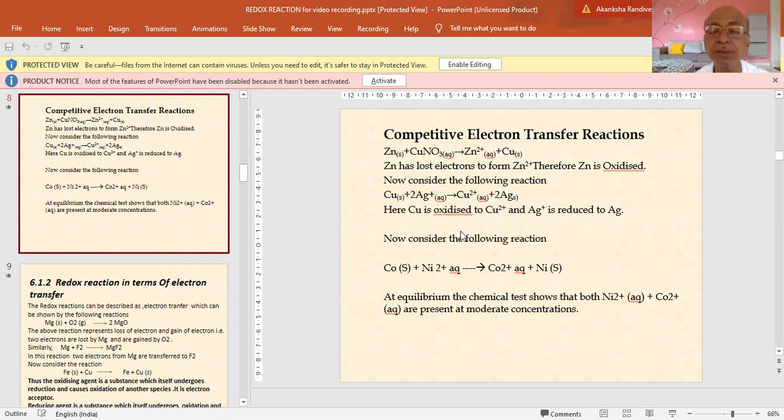At equilibrium, the chemical test shows both Ni2 plus aqueous and Co2 plus aqueous are present at moderate concentrations in the solution. That means here we are discussing the competitive electron transfer reaction.